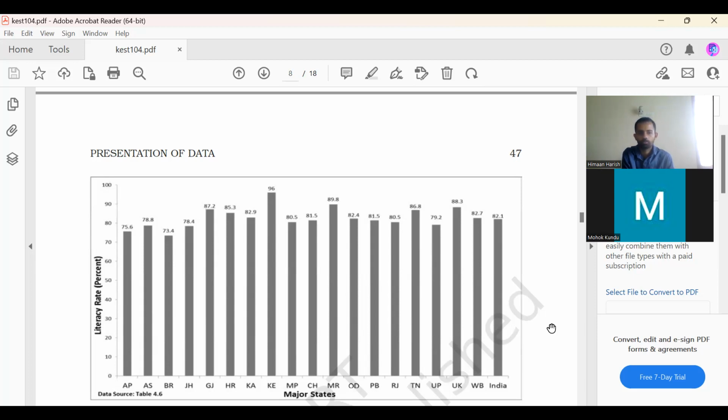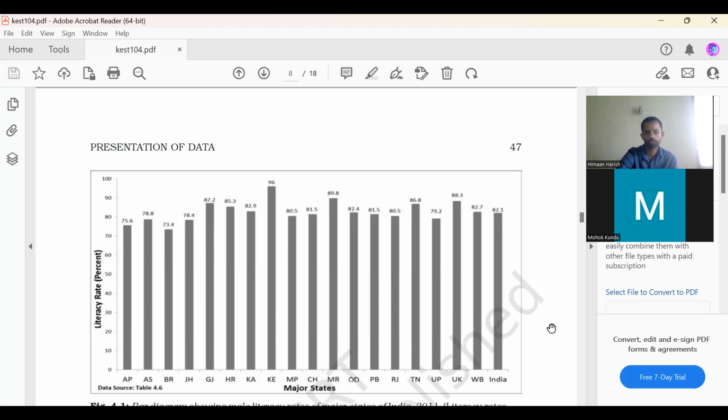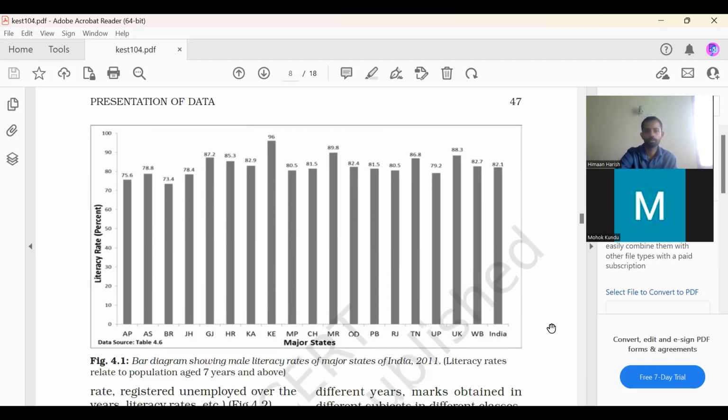Gujarat has a literacy rate of 87.2 percent. So these four states, being Kerala, Maharashtra, Uttarakhand, and Gujarat, are the most literate states in the country according to the percentage. And there's also the state of Tamil Nadu, which is the fifth highest literate state in the country.